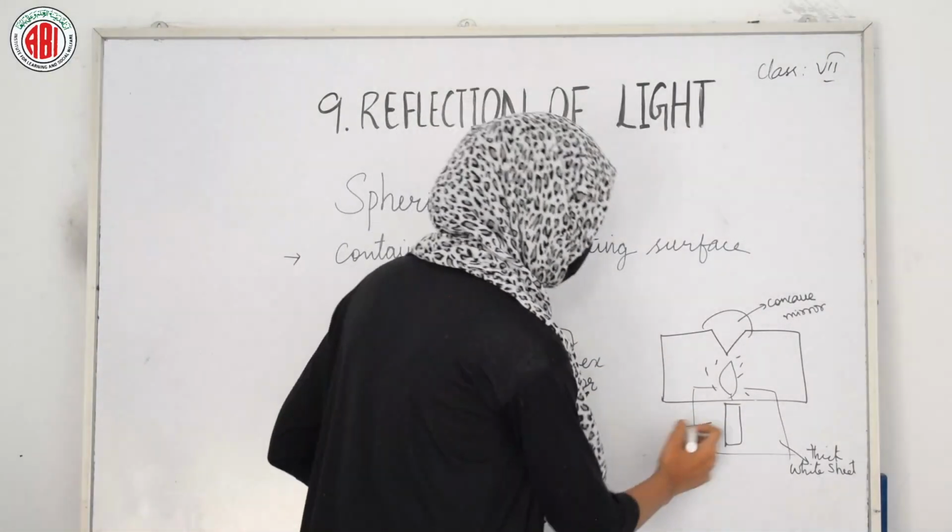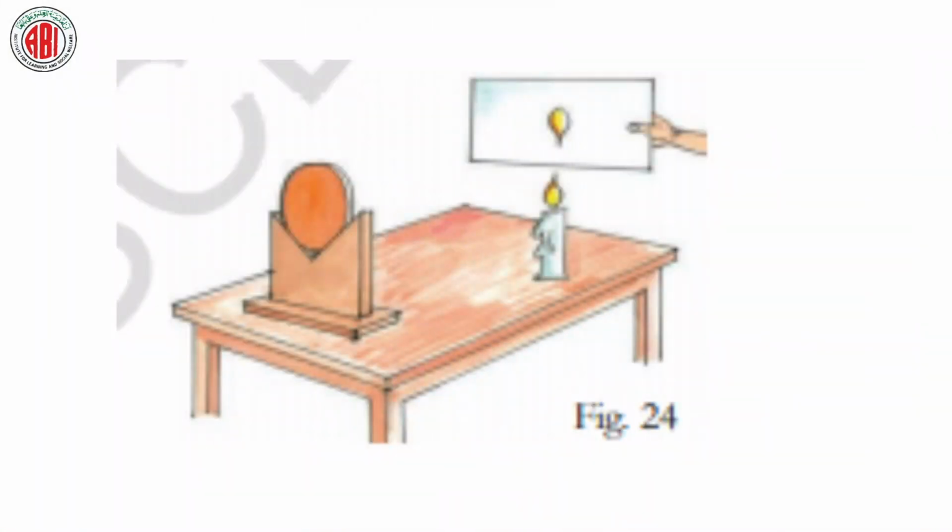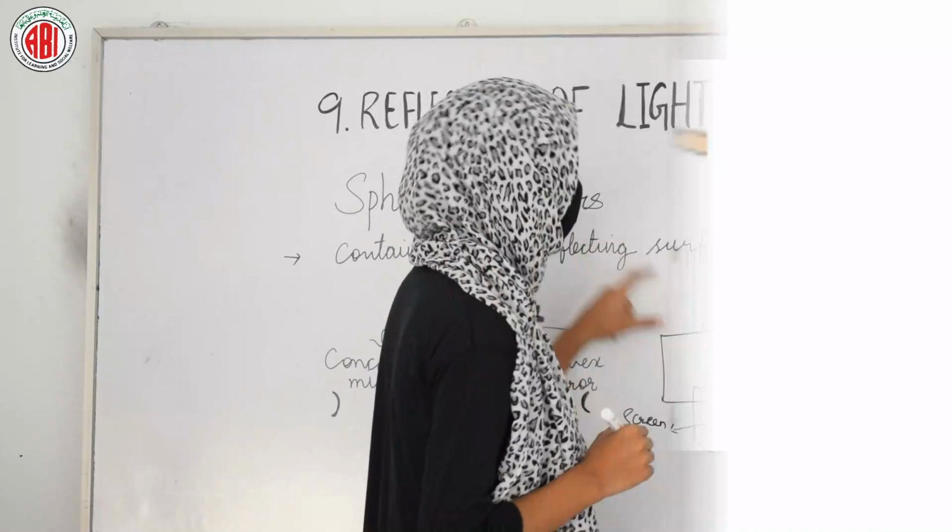This white sheet acts as a screen. Repeat this activity by placing a convex or plane mirror in place of the concave mirror. After this, adjust the distance between the mirror and the candle, and the distance between the screen and the mirror, moving forward or backward till a clear image appears in the mirror.